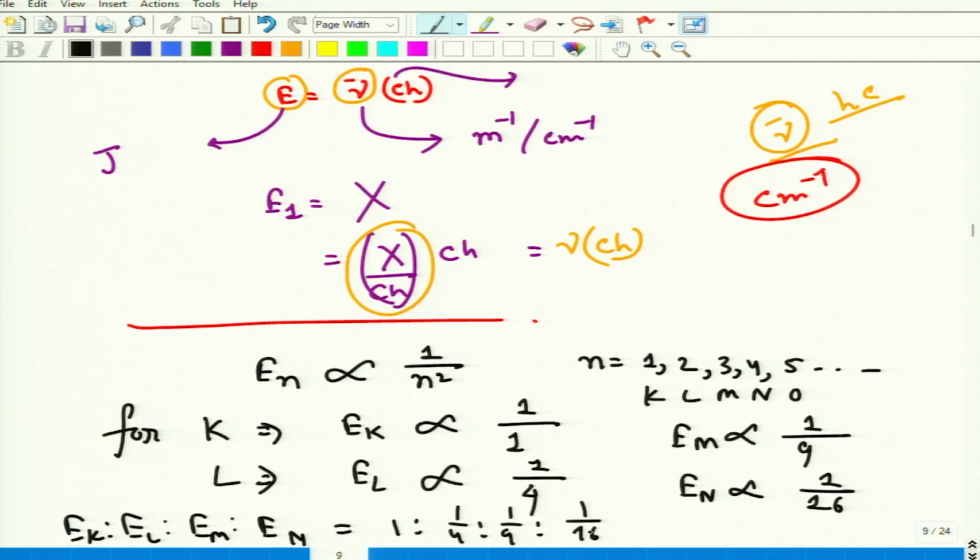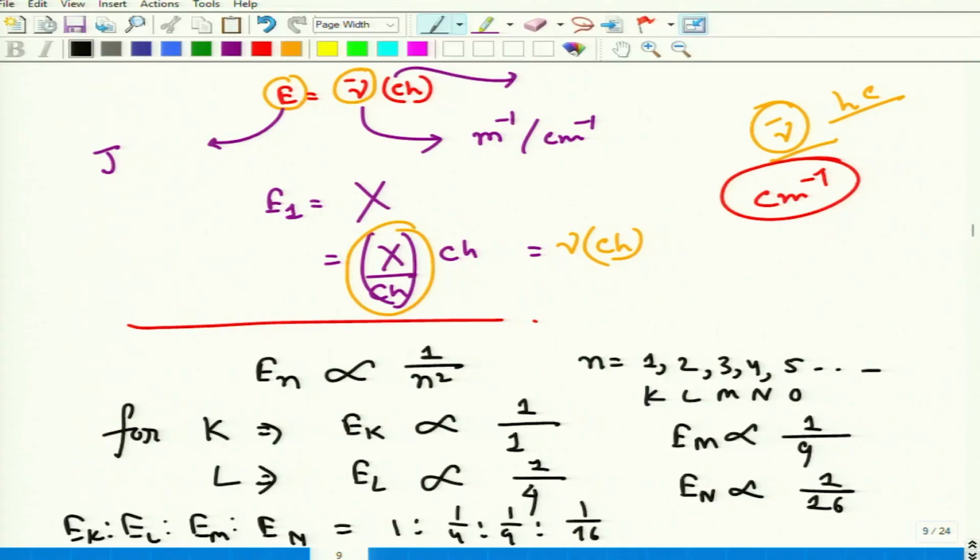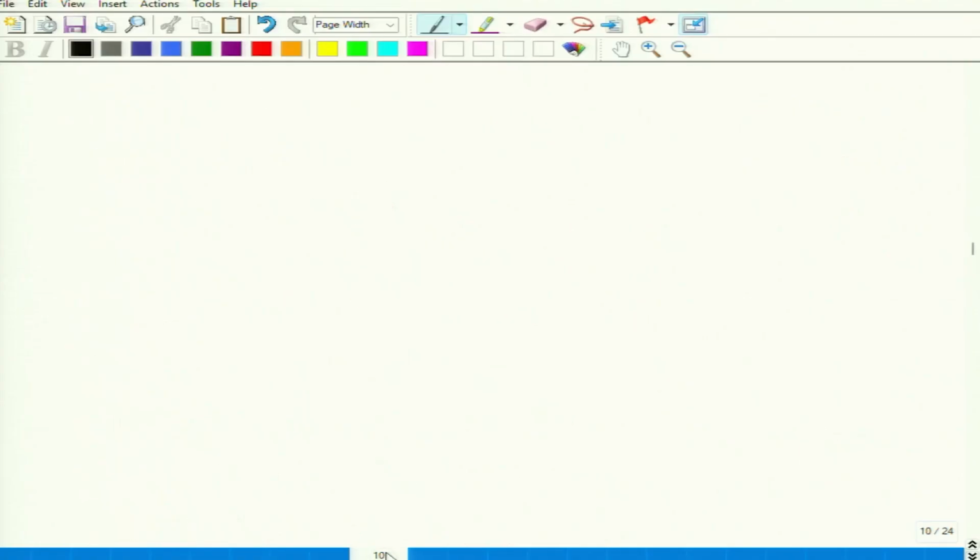So, you can see that the energy of the second orbit, the L orbit, is 4 times less than the first orbit, the Ek, and again the third one is 9 times less than the first orbit. So, it goes on. You can see the energy is decreasing, actually increasing because there is a minus sign. Okay, this is the numerical value: for E1 it was minus 13.6 electron volt.